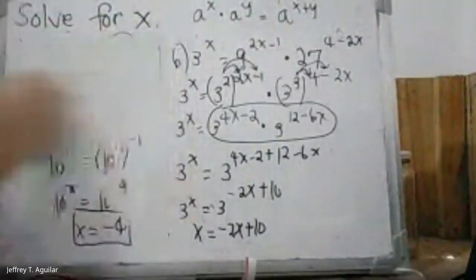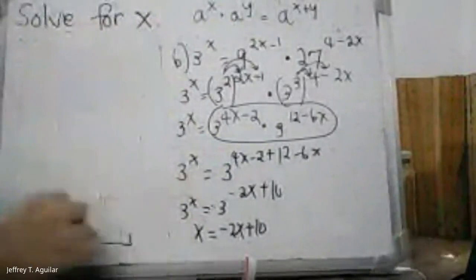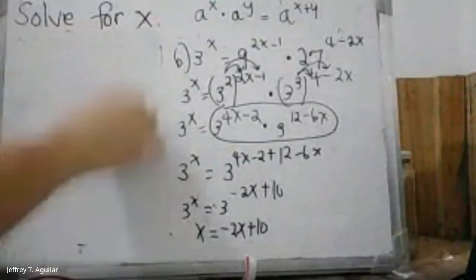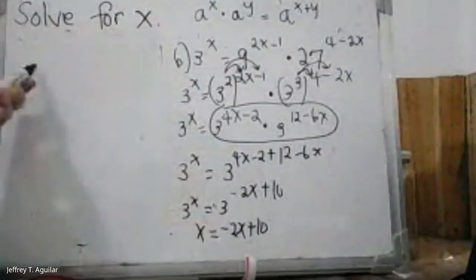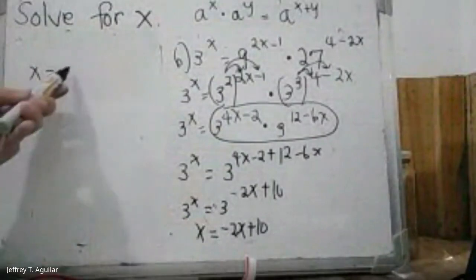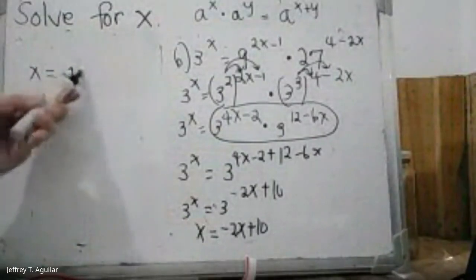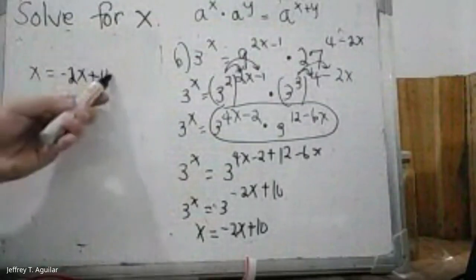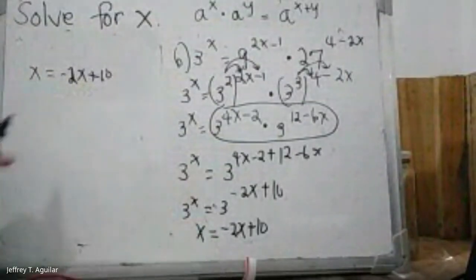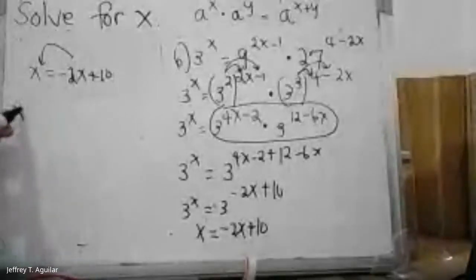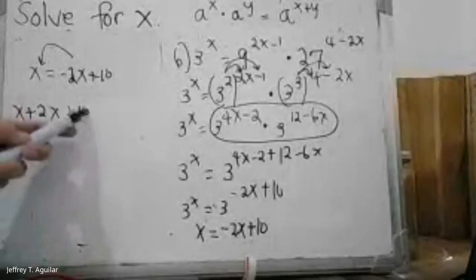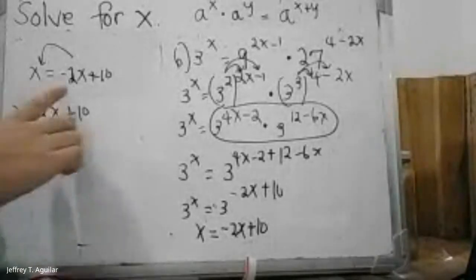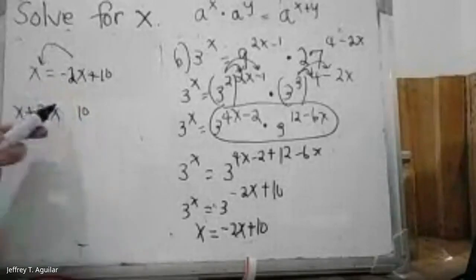Continuation on this part. So again, we have to simplify. x is equal to negative 2x plus 10. I just copied from it here. Transposing negative 2x to the left, it will become positive 2x. x plus 2x equals 10.